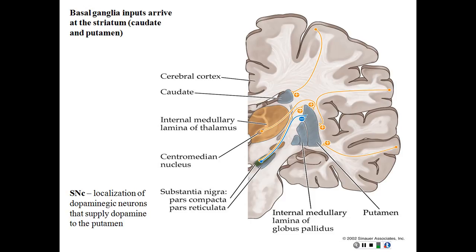So what is the substantia nigra compacta? This is that nucleus in the midbrain, and here we find these neurons that are dopaminergic. They are using the neurotransmitter dopamine.